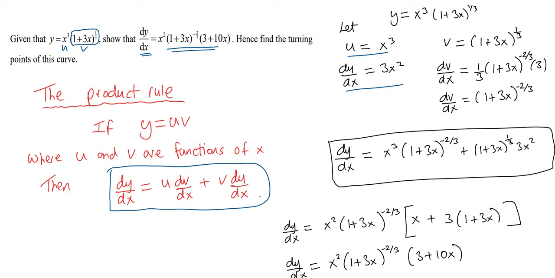And when we differentiate that, this is actually the chain rule. If you think about it, dy by dx is equal to dy by du times du by dx.